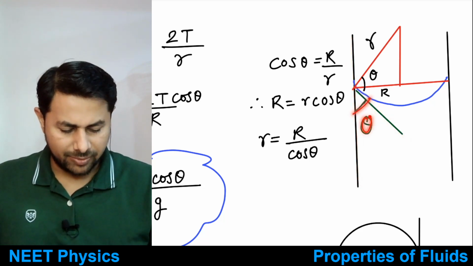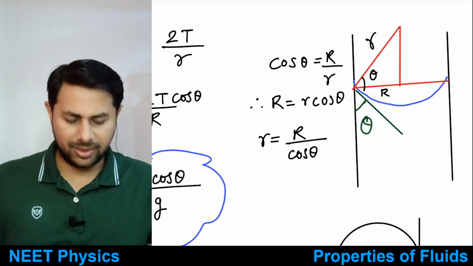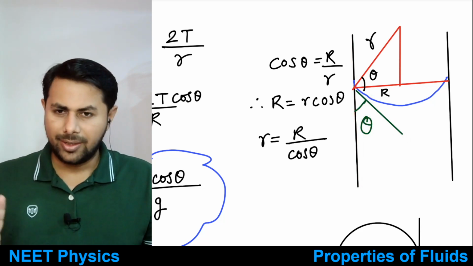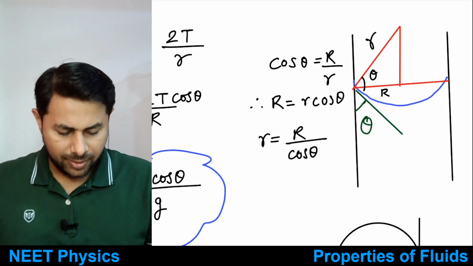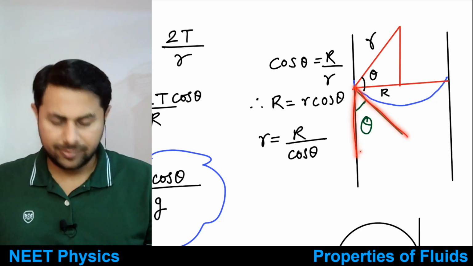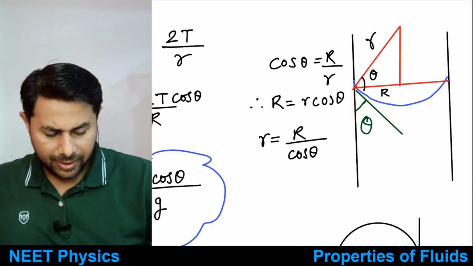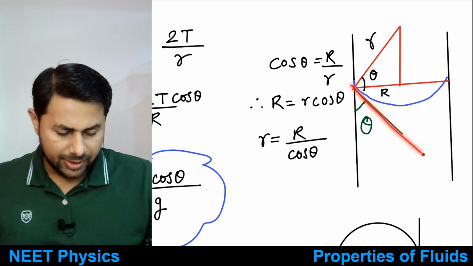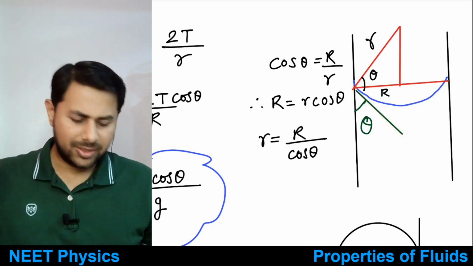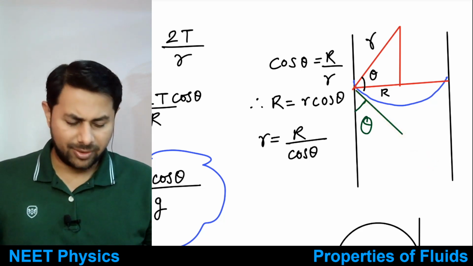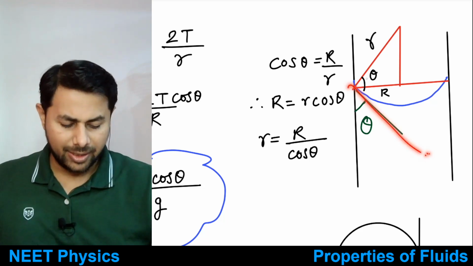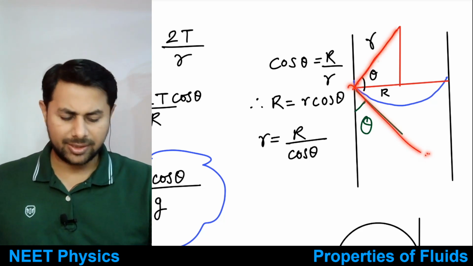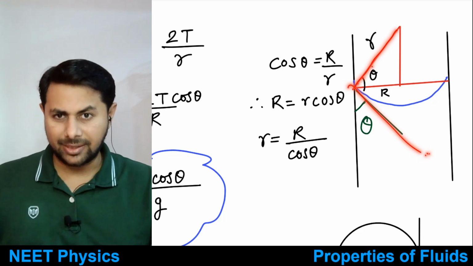So this angle is equal to theta. This line is tangential to the free surface of liquid, and if r is the radius of the meniscus, then we know the angle between the radius and tangent is equal to what?